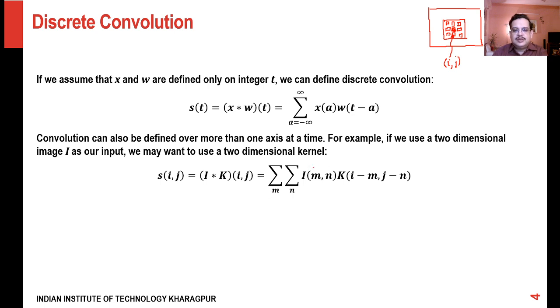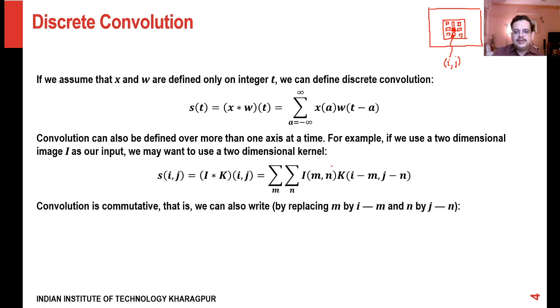So the two-dimensional convolution is again defined in this way, that is, I have I(m,n) times K(i minus m, j minus n). This is the two-dimensional convolution, and as I noted previously, I can replace m by i minus m, so I write this as i minus m, and n by j minus n, so I write this as j minus n.